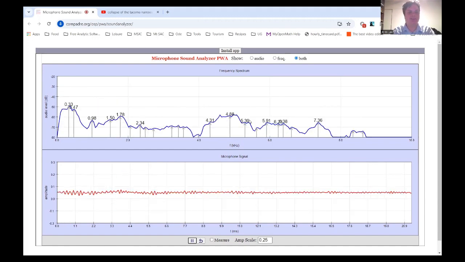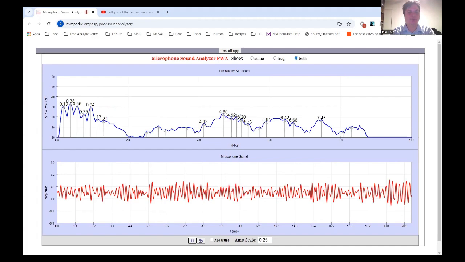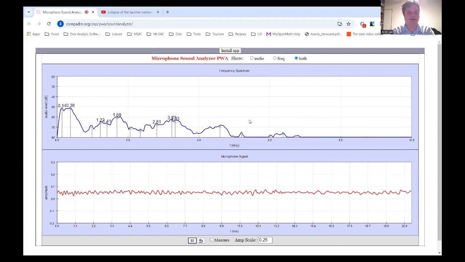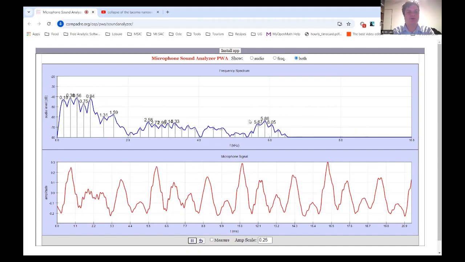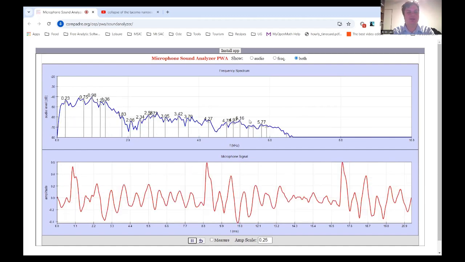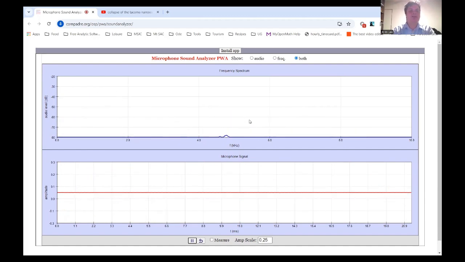Looking at my voice, you see that it's a lot closer to white noise than the sound of the guitar, even though the vocal cords are controlled by similar methods.